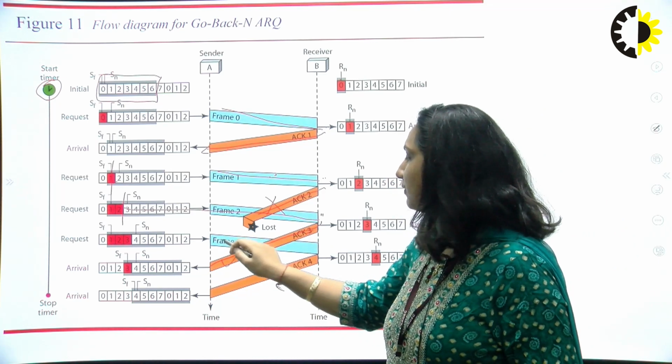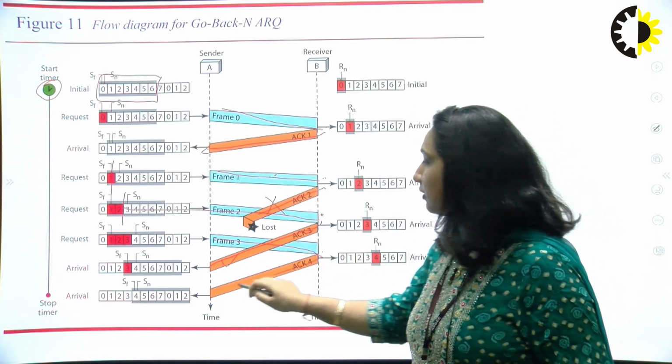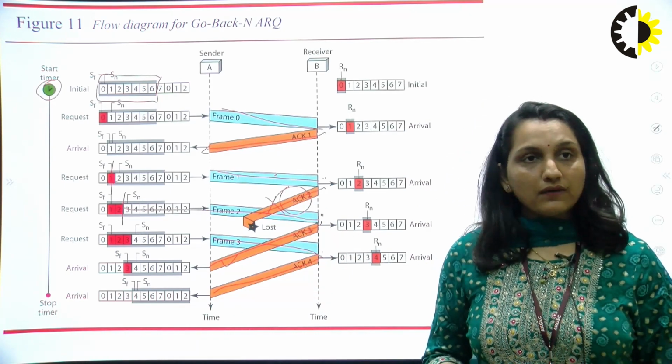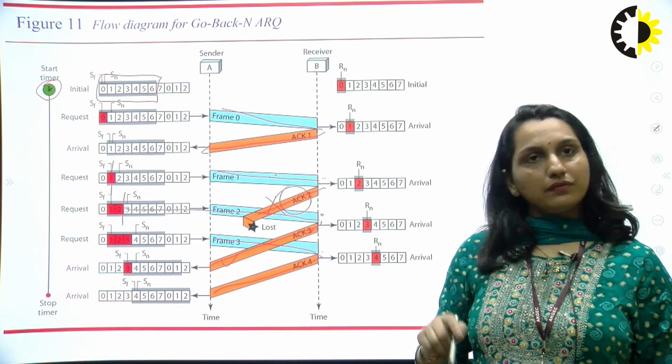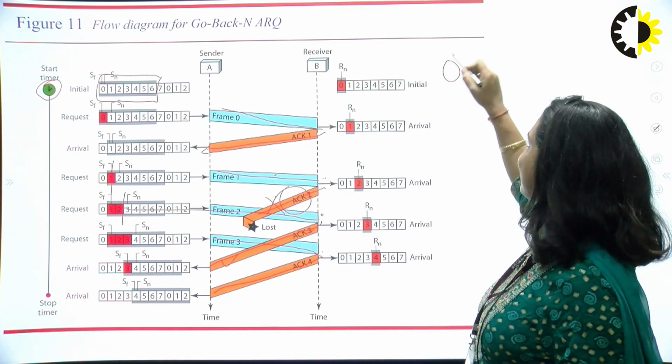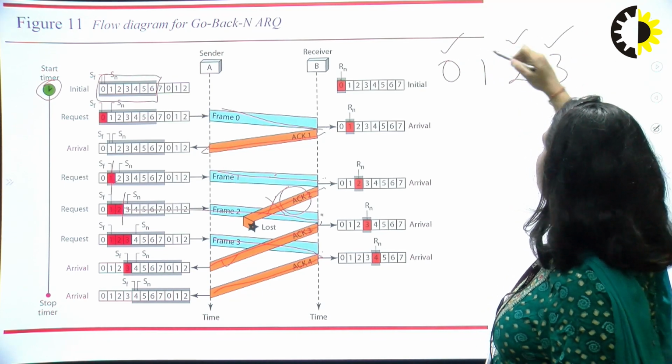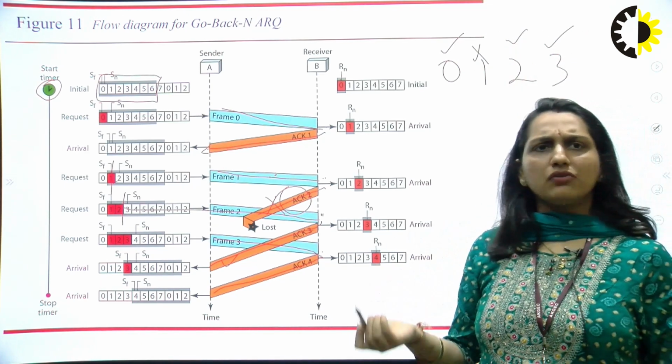But we are not getting the request for frame 1. So we know that 2 and 3 were received, but this one will not be received because its acknowledgement is not being mentioned.